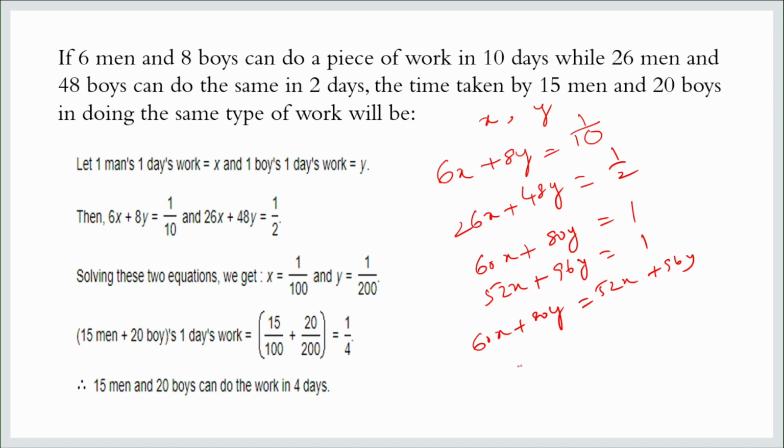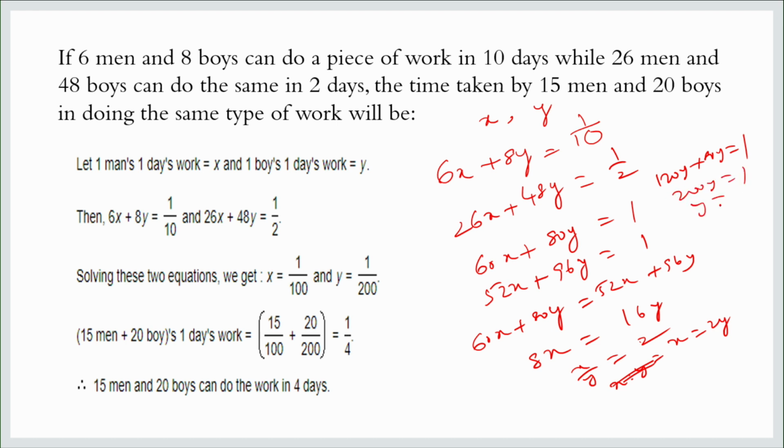Bring it over: 8x is equal to 16y, or x by y is equal to 2, correct. x by y equal to 2 means x is equal to 2y. Substitute x equal to 2y: 120y plus 80y is equal to 1, or 200y is equal to 1, y equal to 1 by 200, x is equal to 1 by 100. So we got the y value and the x value, correct.